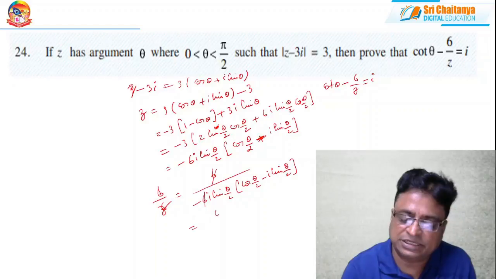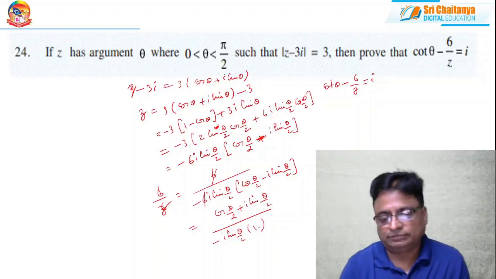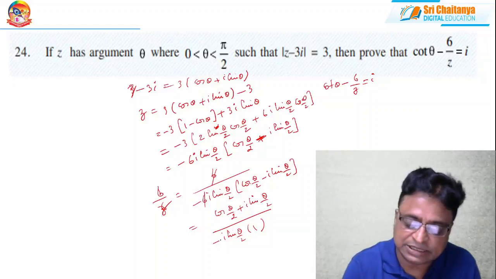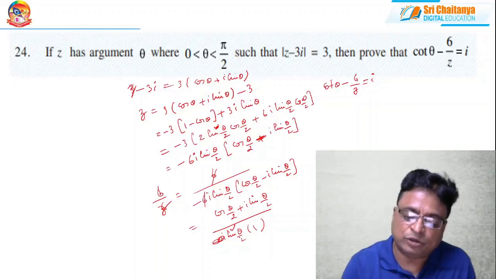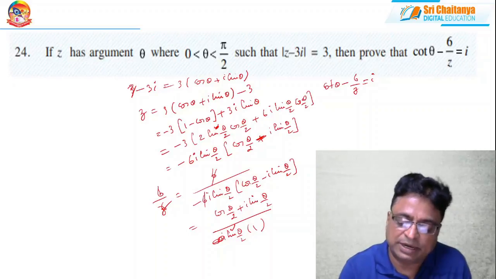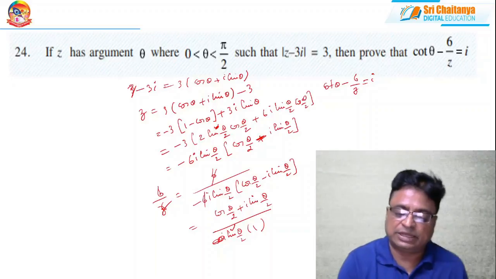And after rationalization, cos theta by 2 plus i sin theta by 2 by minus i sin theta by 2 into 1. Here it is minus i square, that is 1, sin square theta by 2, you can get it. Because multiply both denominator and numerator with i sin theta by 2 like this.